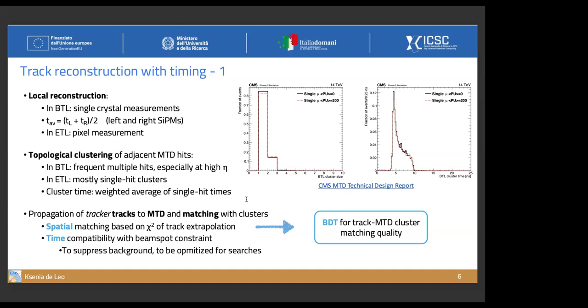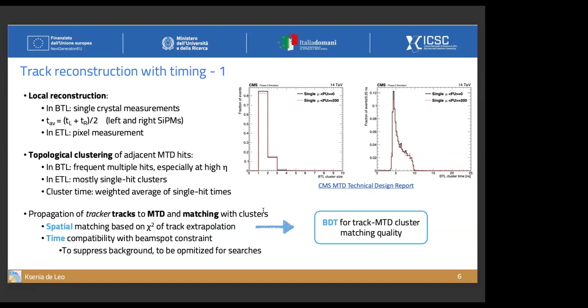So the cluster time is the weighted average of the single hit times. After reconstructing our clusters in MTD, we have to perform a matching between the tracks that we reconstruct with the tracker and the MTD. This matching is performed spatially, based on the chi-square of the track extrapolation to the MTD surface, and also by checking the time compatibility with the beam spot constraint, which is used mainly to suppress background, and will be optimized in the future also for searches, so for heavier decaying particles.